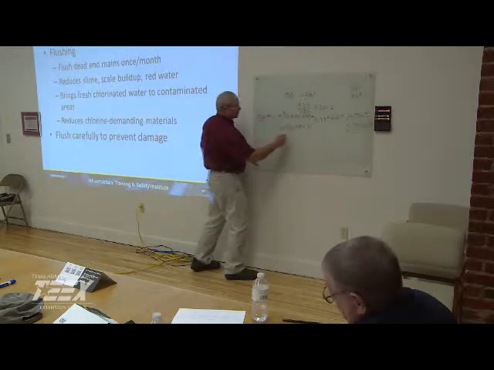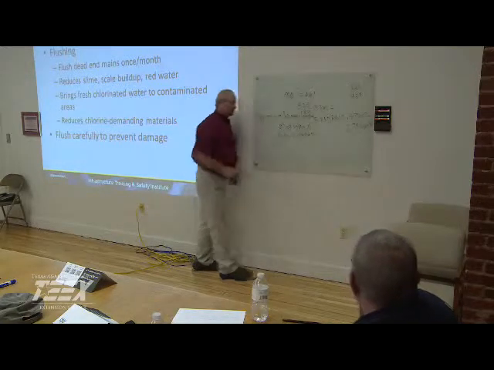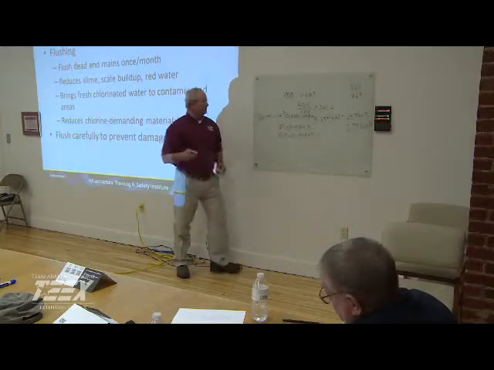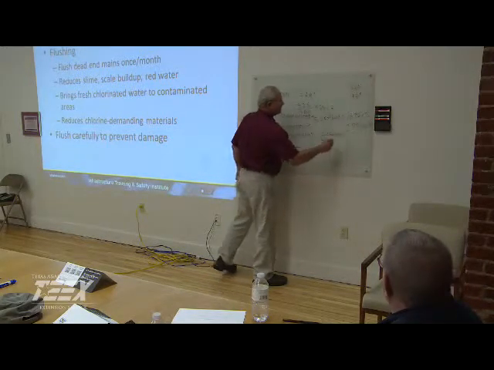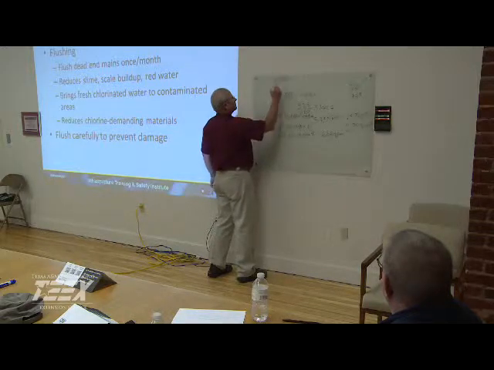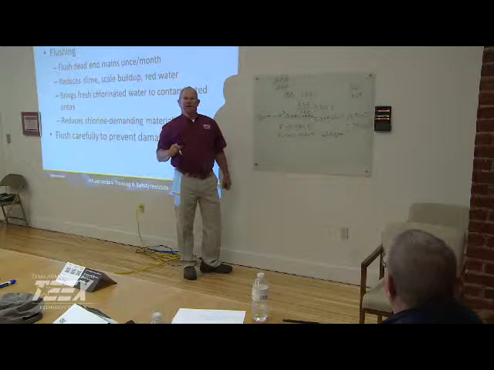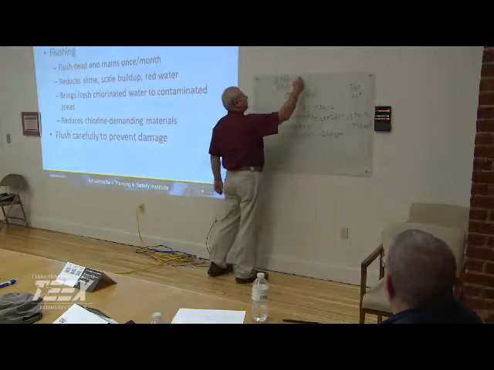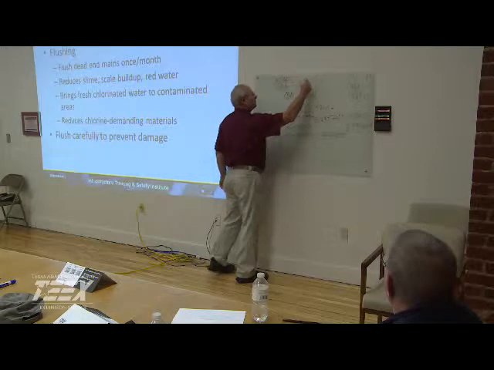So this would be 64 times 2.448 times 4, and what does that come up for gallons per minute? 626. Okay, 626 gallons per minute is what I have to flush. So I take 2,740 divided by 626, and that tells me the minutes. 4.4 minutes.